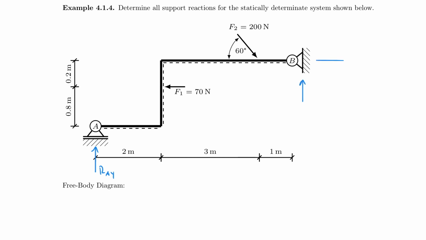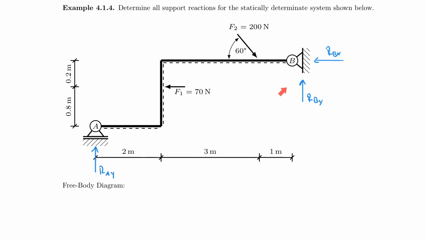You can also call them vertical or horizontal, it doesn't matter. RBY and RBX. And now, in the previous problems, you always had a choice, where you could solve one before the other. In this case, you really have no choice about this, and you understand that if you solve the problem, you have to start with one of these two.